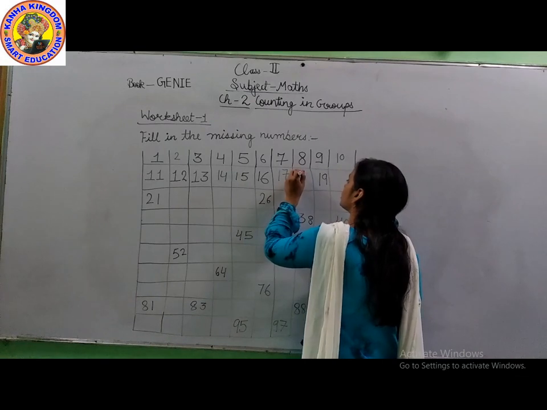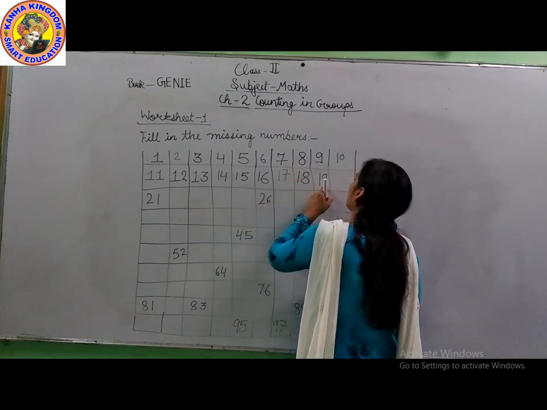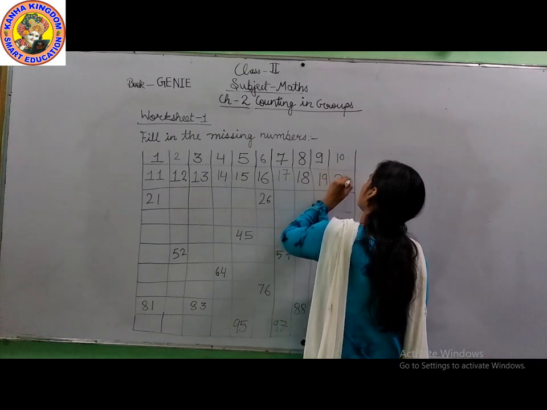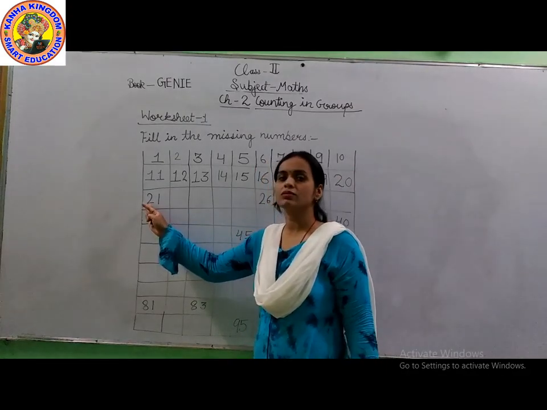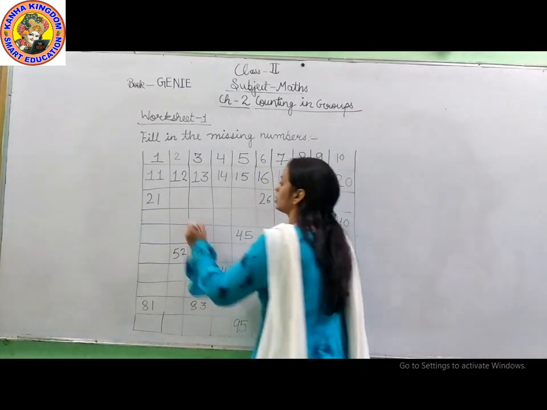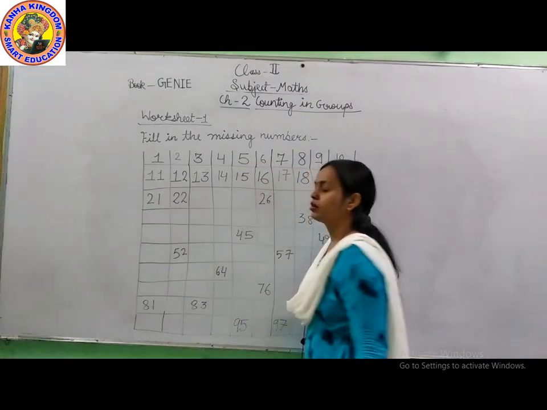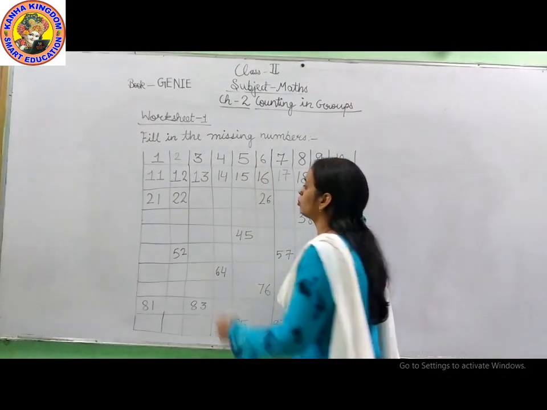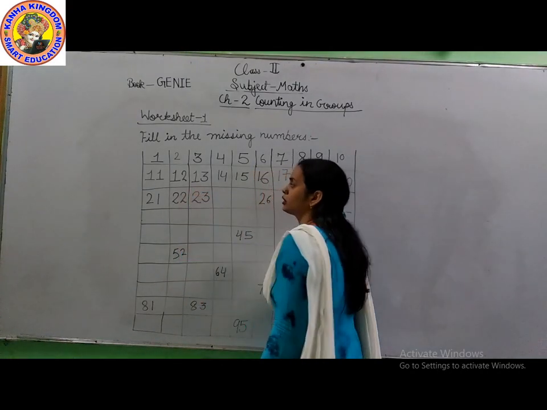Now next, after number of 17 is 18, 19 after number is 20, then what comes after 21? 22. What comes after 22? 23.